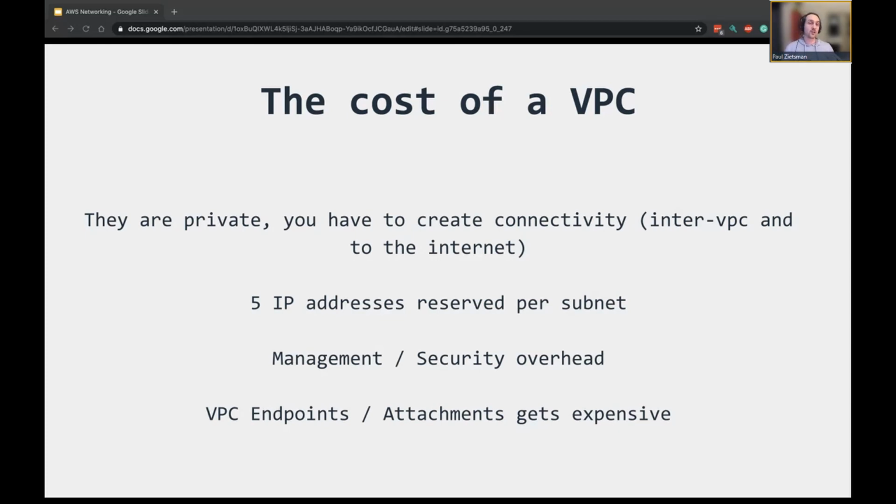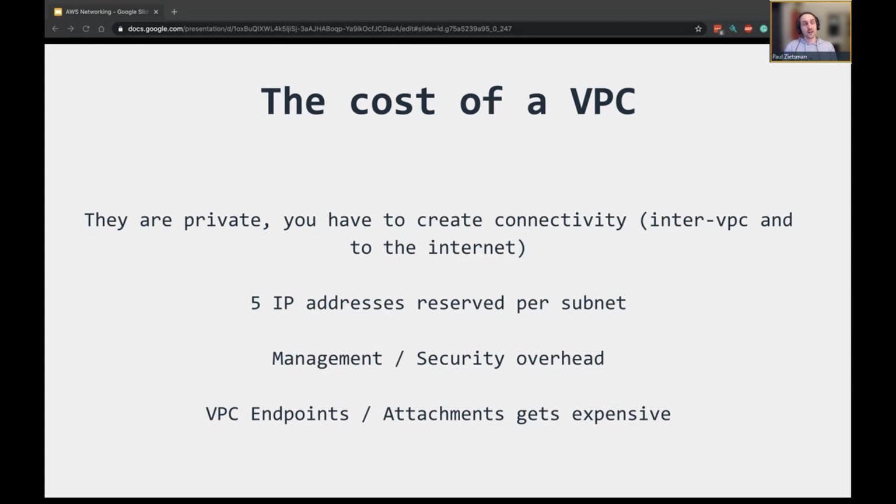So you have to create those connectivities: connectivity to the world, to another VPC, to on-prem, to other AWS services. That connectivity needs to be built. You don't just get it. And those things cost money. So that's the first thing. So having many VPCs, you have to do that many times.